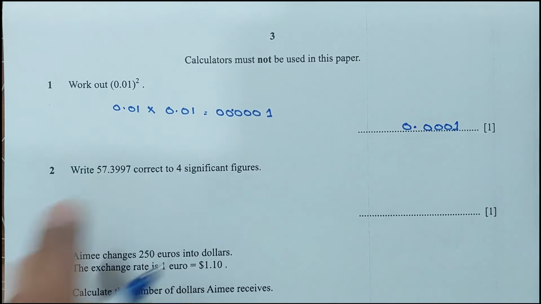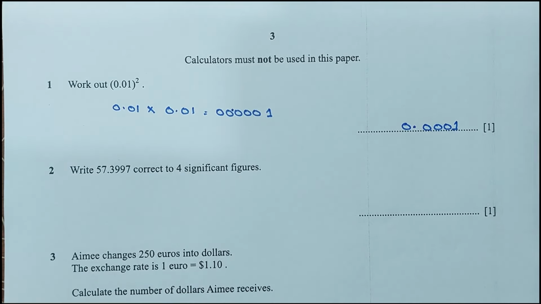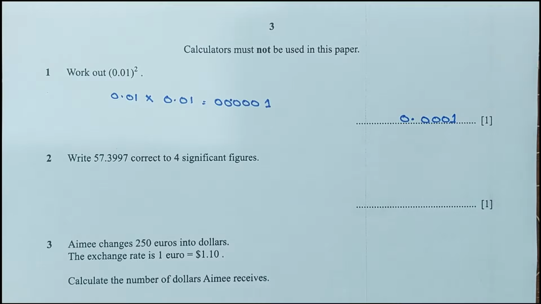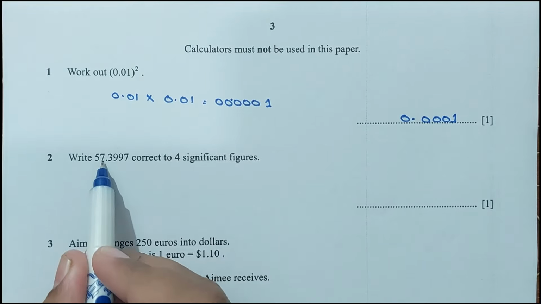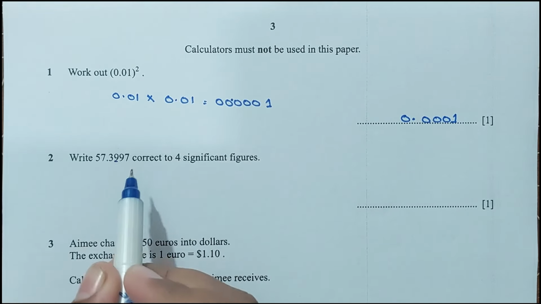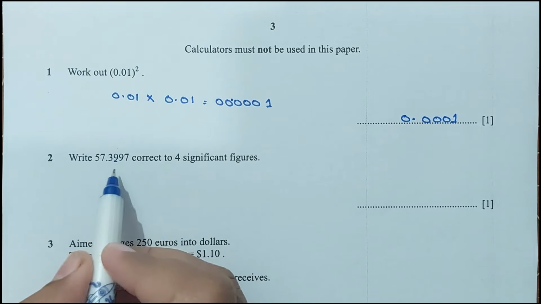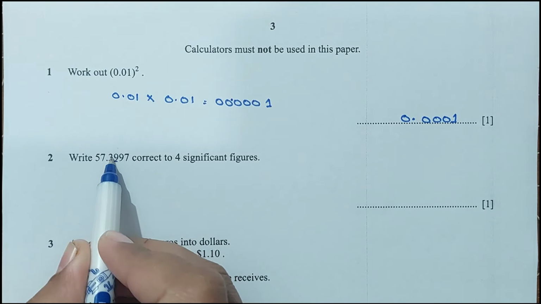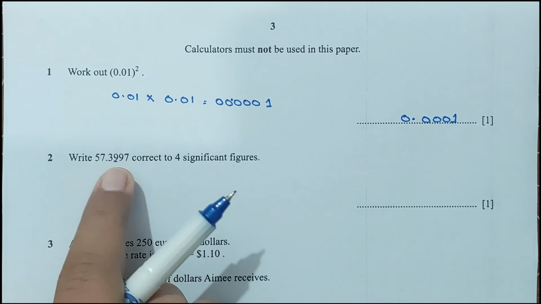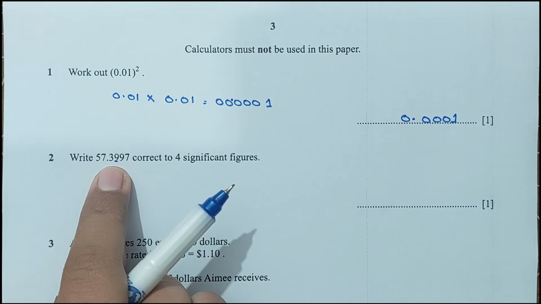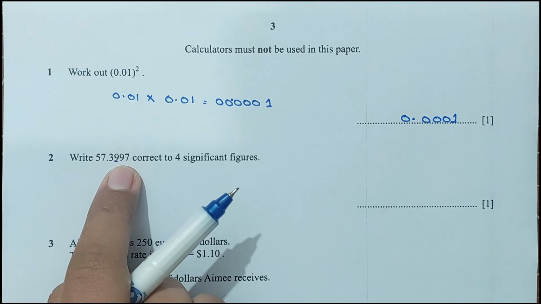Question number 2, write this number correct to 4 significant figures. Okay, so 4 significant figures are 1, 2, 3, and 4 till this point. So we have 9, and 9 is the number that is going to be rounded, right? The next digit is also 9, which is more than 5, so we have to round up.